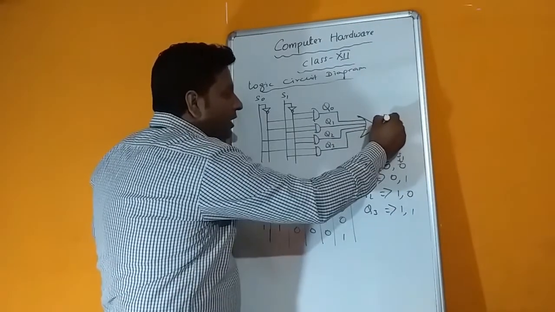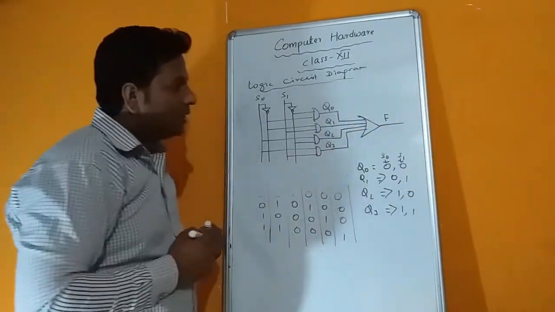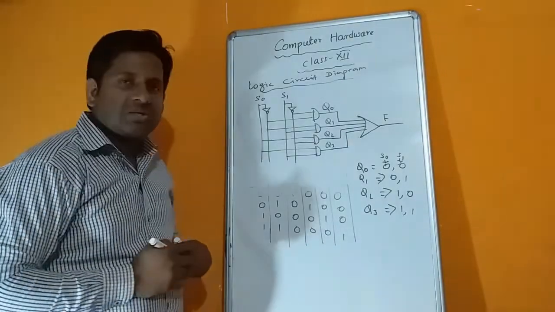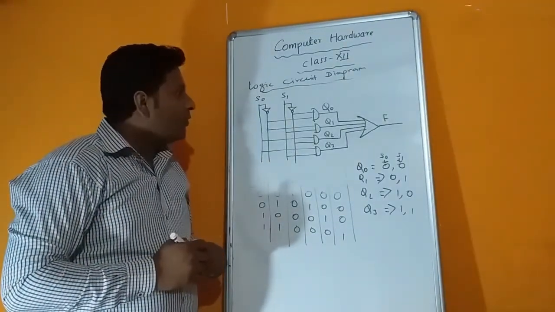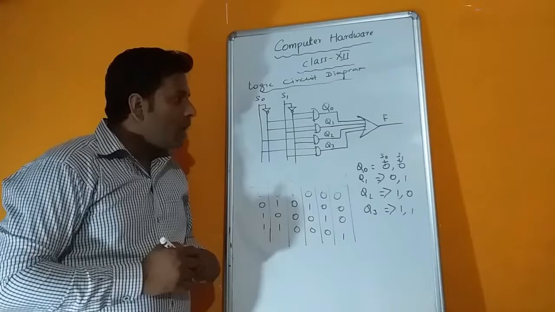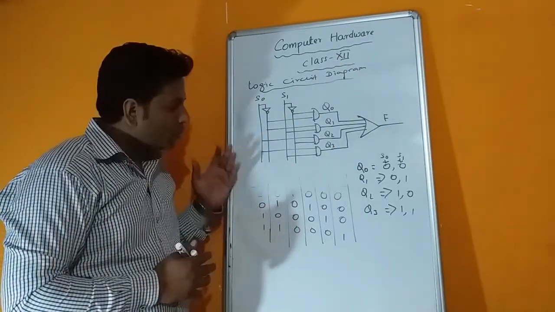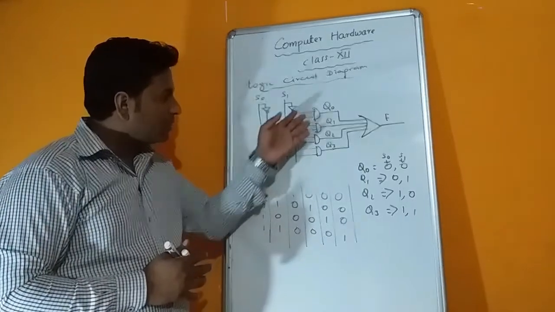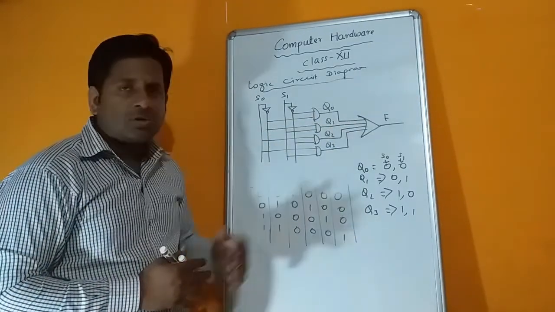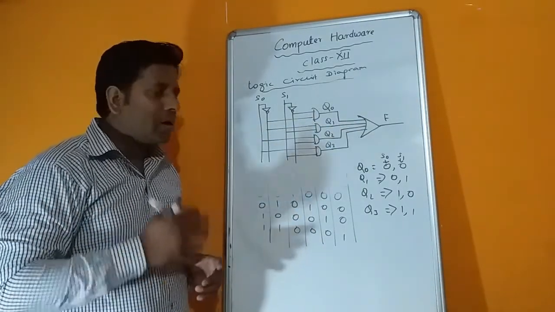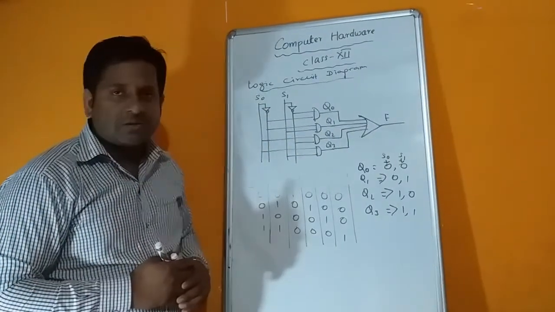So this becomes our F, that is the output part, and this is the logic circuit diagram for 4 into 1 multiplexer. In the same way children, you have to do for 8 into 1 multiplexer. First you have to go for decoder part, then the output part of decoder you have to use OR gate, and finally you will make 8 into 1 multiplexer also.